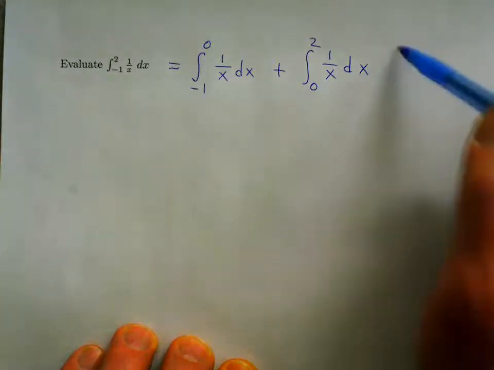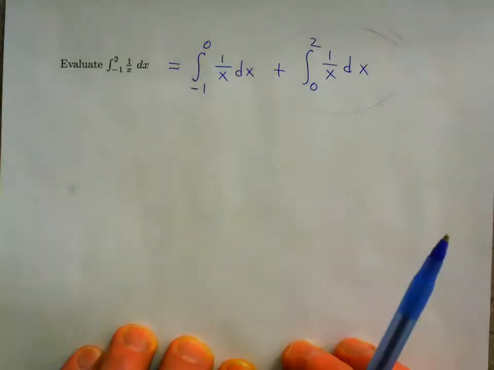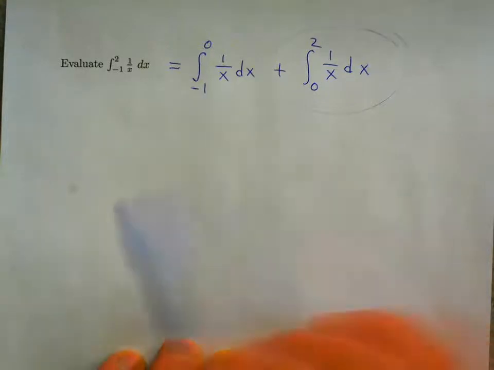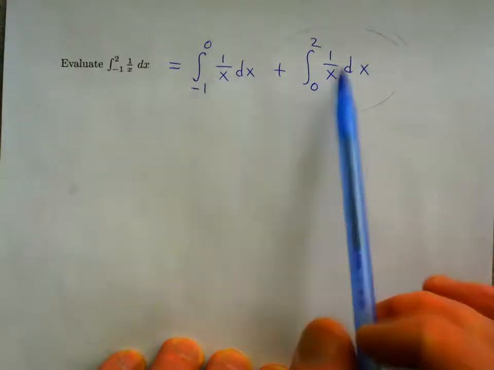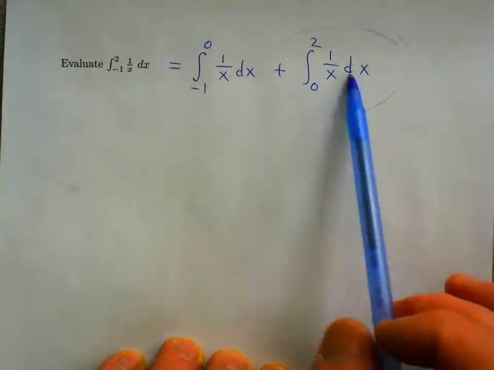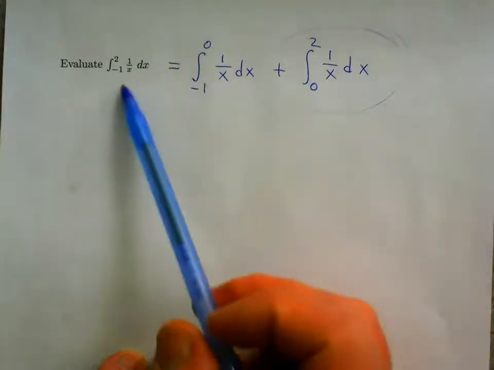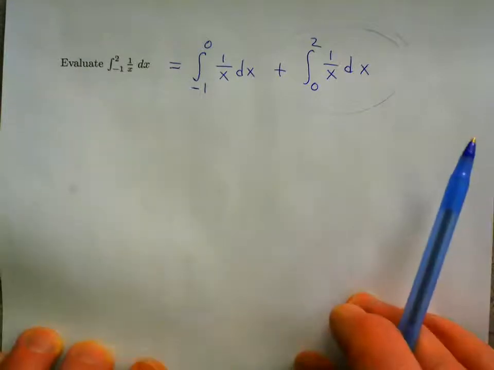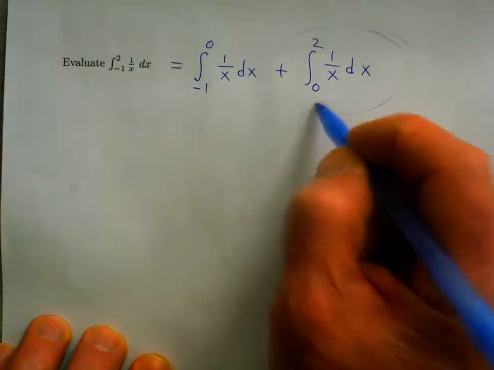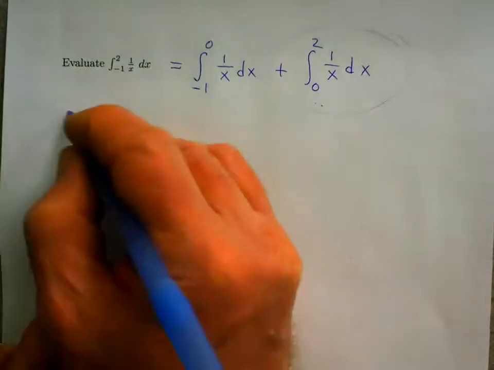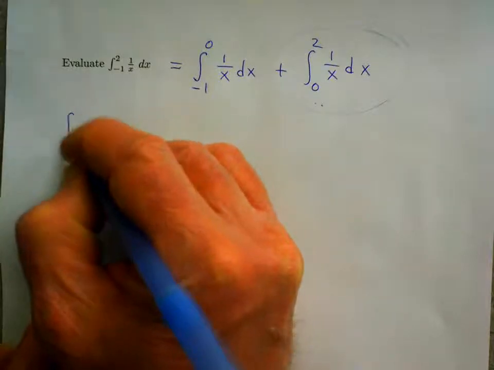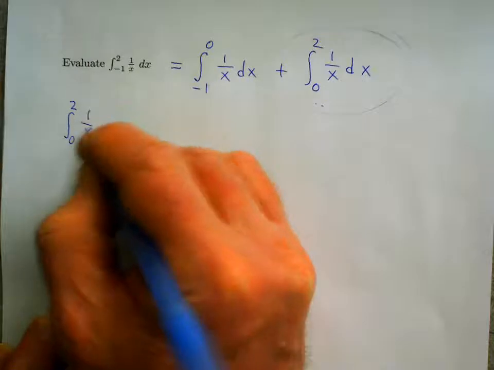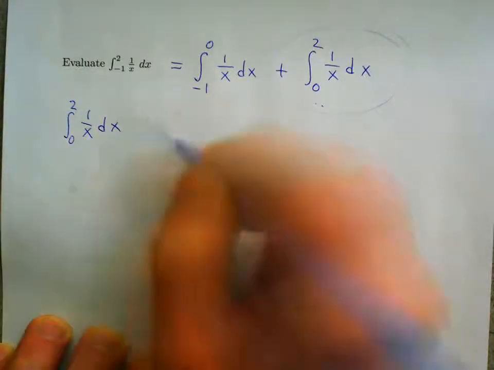So I'm going to start with the one on the right. Just one other comment. If either of those improper integrals is divergent, it means that the original is also divergent. So I'm just going to focus on this one, the improper integral of 1 over x dx from 0 to 2.